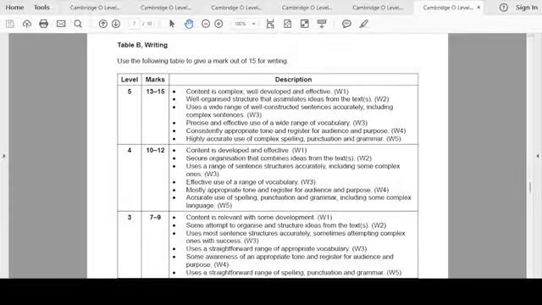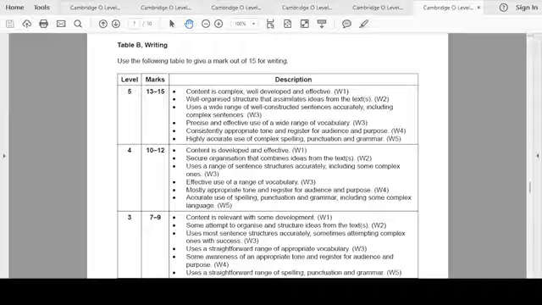In this case, it's a magazine article, so it's written the way that a magazine article is expected to be written, and you've included the points, you developed them properly. Well organized structure that assimilates ideas from the text. Again, organization is important. Uses a range of well constructed sentences accurately, right?